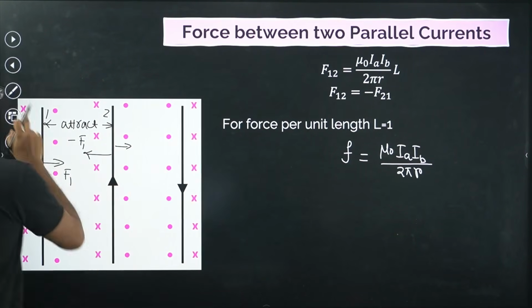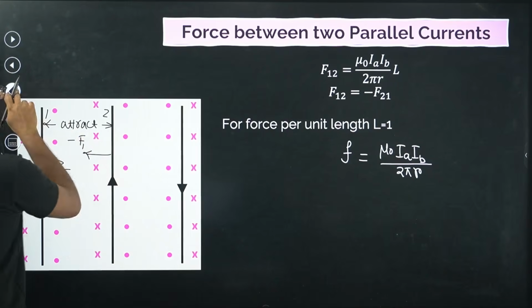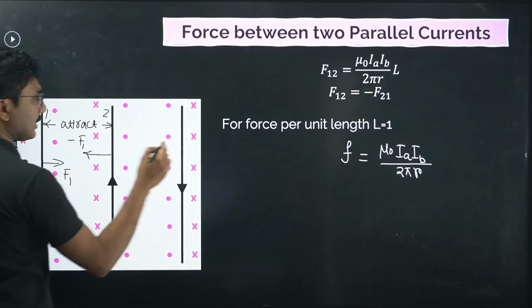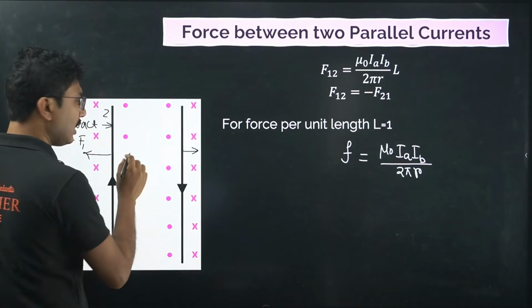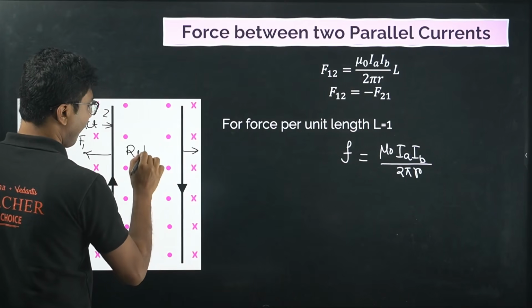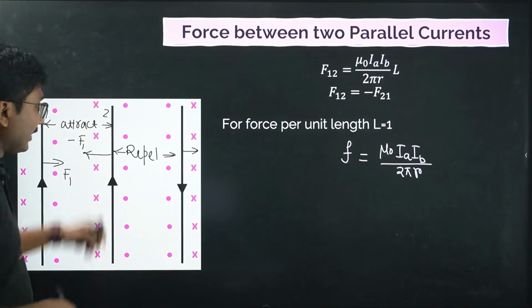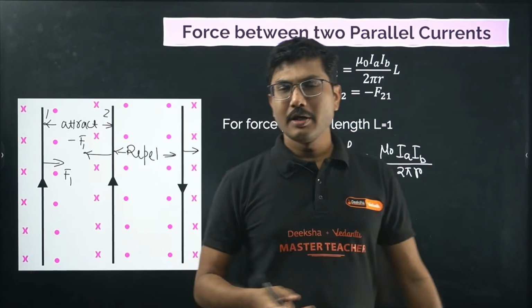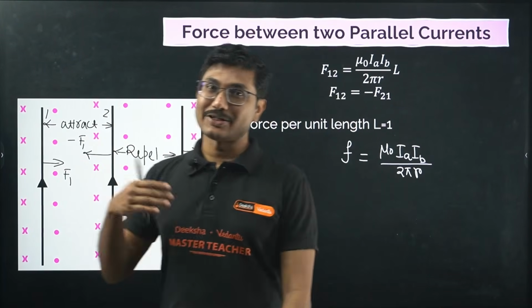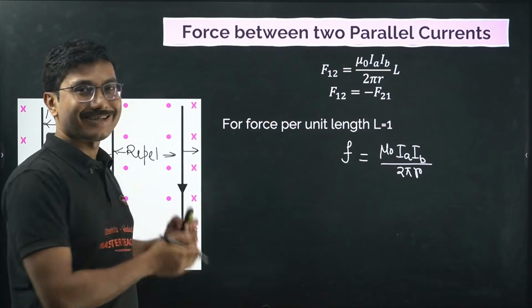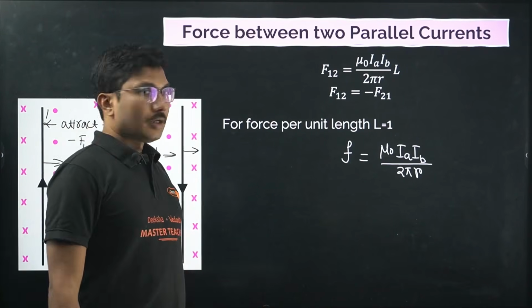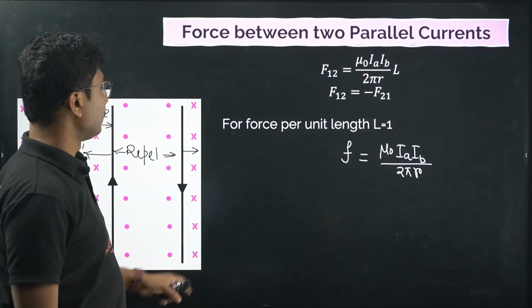This force will be in this direction, and this one in the opposite direction, so they will repel. Opposite currents repel each other. So same currents attract, opposite currents repel. Now let us continue with our discussion.